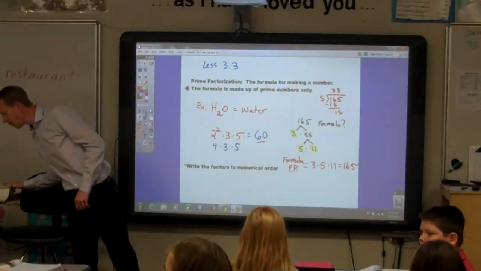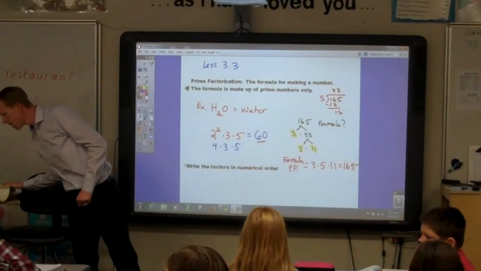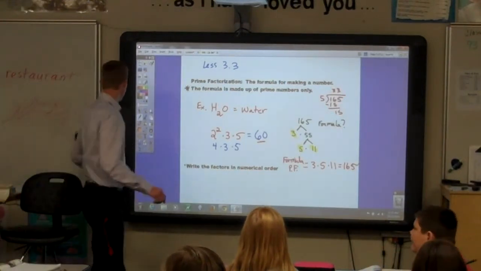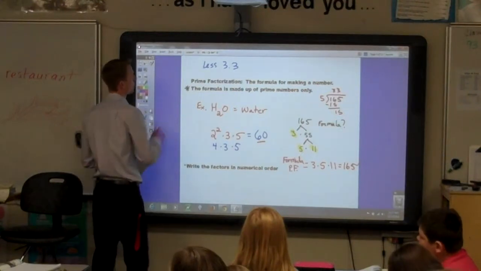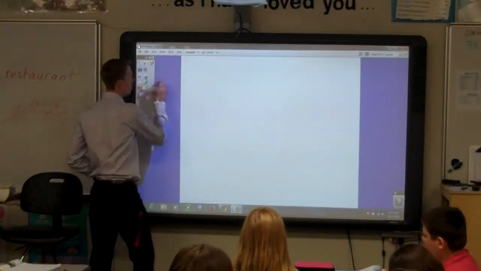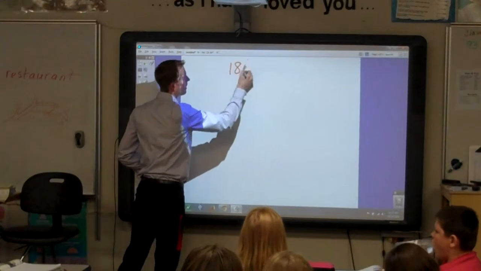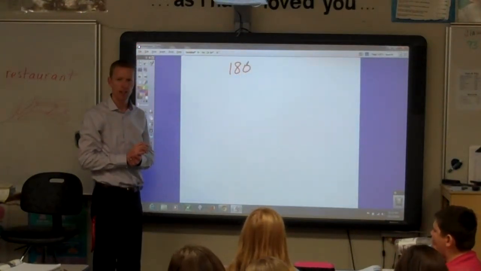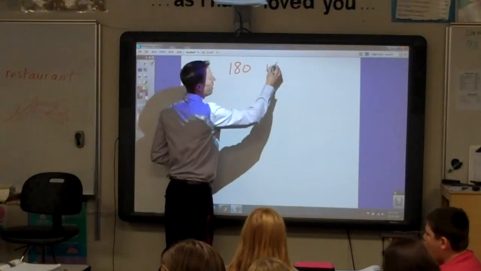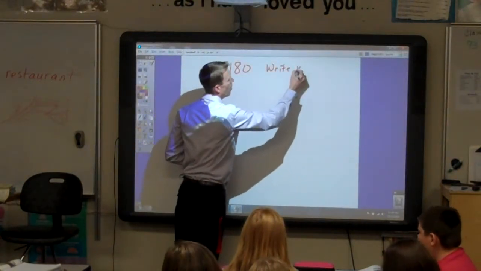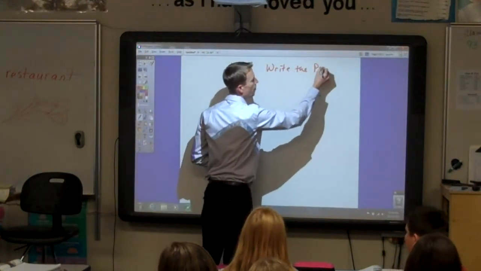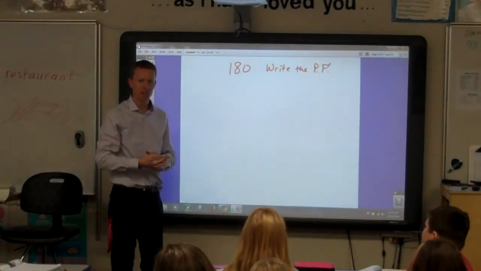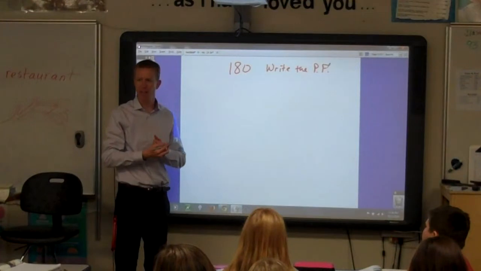Let's look at some more examples in your book. Let's look at the first example, 180. Let's say that you're given the number 180. And it says, write the prime factorization. What are we finding? What do we need to find then?